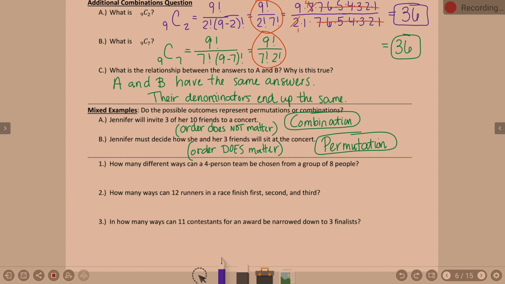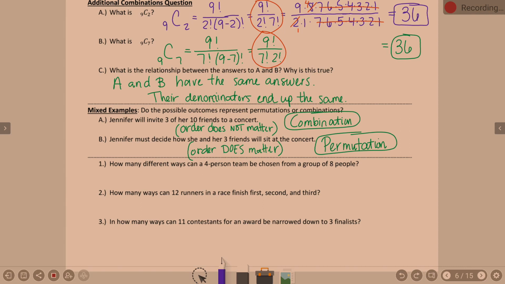So, how many different ways can a 4-person team be chosen from a group of 8 people?